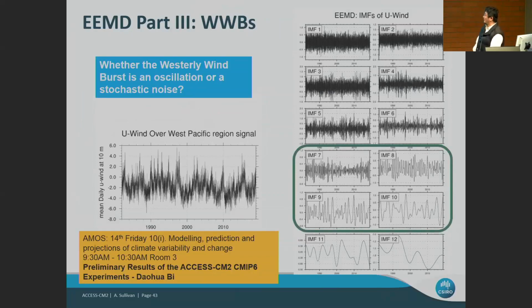But after I decomposed and tried to figure out the physical meaning behind that, I think the westerly wind burst may be the signal rather than the noise. For the details of how our model simulates the westerly wind burst, please come to the talk. Thank you.